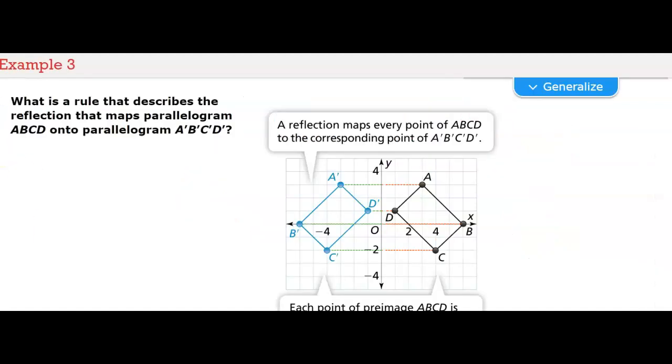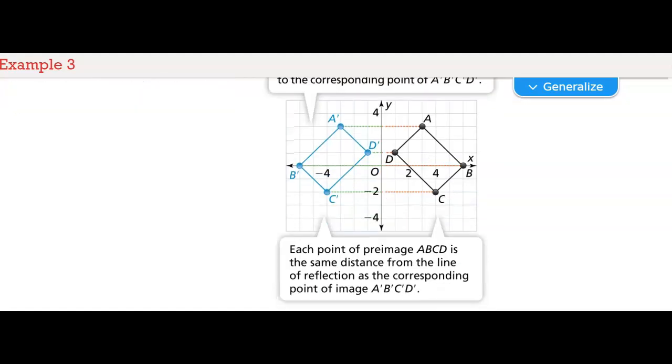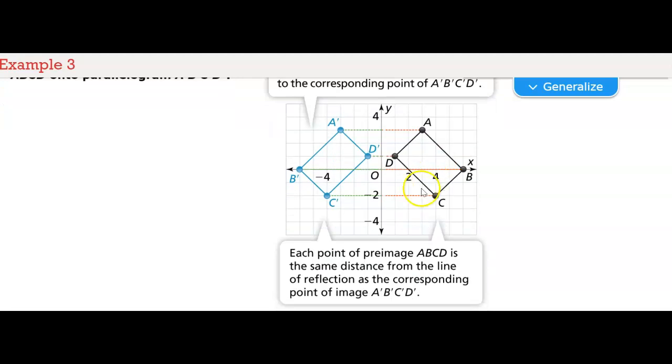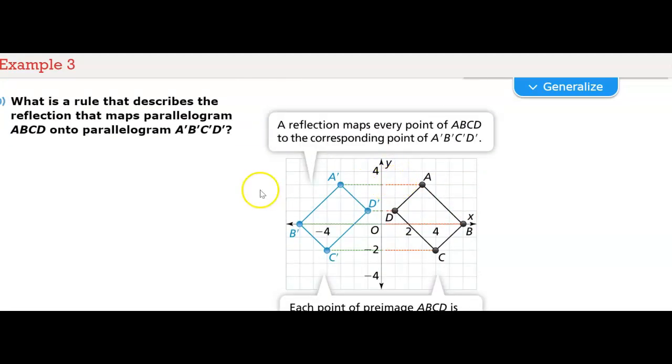What is a rule that describes the reflection that maps parallelogram ABCD onto parallelogram A'B'C'D'? All right, so a reflection maps every point of ABCD to the corresponding point. So there's a reflection across the y-axis.